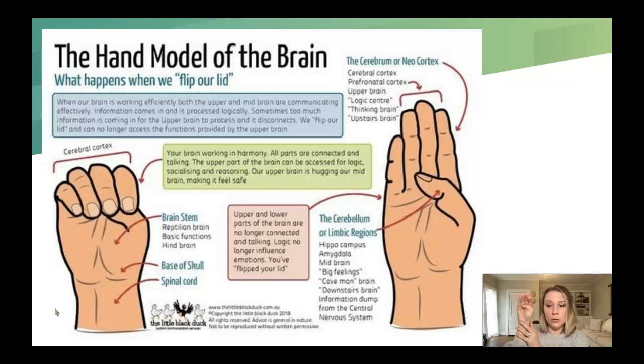Then if you will fold your hand back down, this is representing the youngest developmentally part of the brain. This is the cortex, okay? Not all creatures have this, but humans, of course, do.